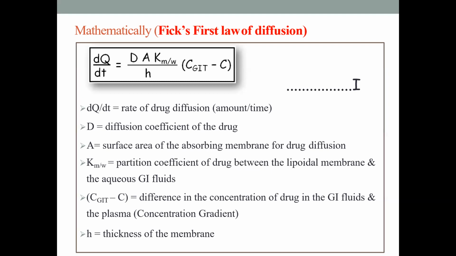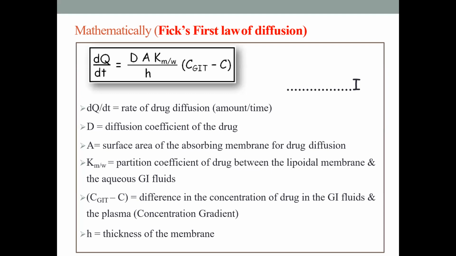Next is capital A, which represents the surface area of the absorbing membrane for drug diffusion, expressed in area. The next term is Km/w, the partition coefficient of the drug between the lipoidal membrane and the aqueous gastrointestinal fluids.